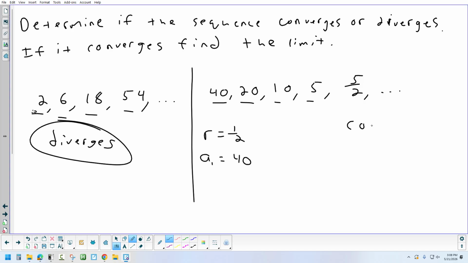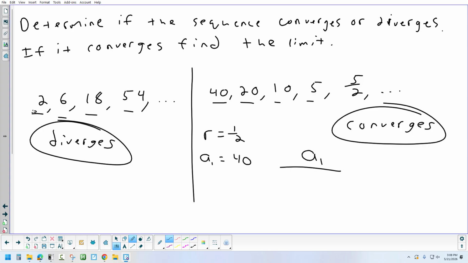So we just said it converges, which is correct. And what is the formula that we use to figure out what it converges to? A sub 1 over 1 minus r. Yeah, so we got to use that formula and then fill in our values. So A1 is 40 over 1 minus 1/2.